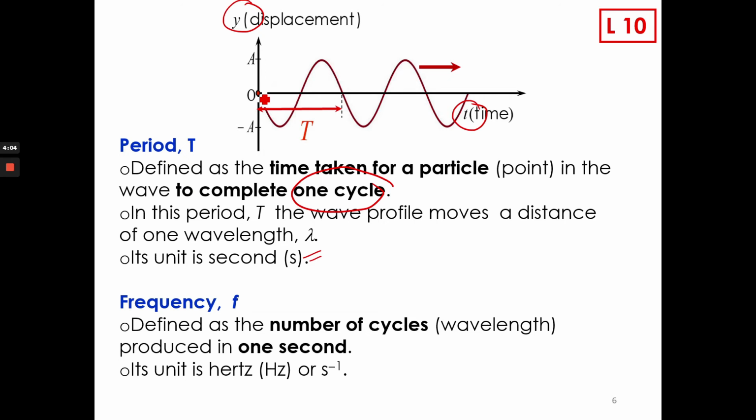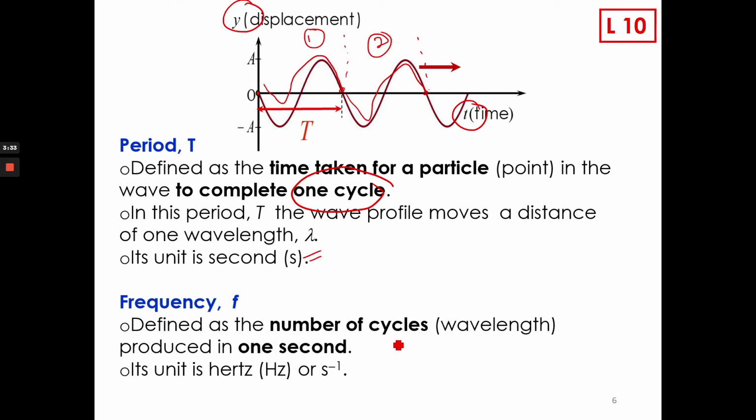So this is one cycle, starts from origin and back to origin. This is two cycles. So this is one cycle. Then from here to this point here, this is another cycle and so on. The time taken to complete one cycle is what we call period.